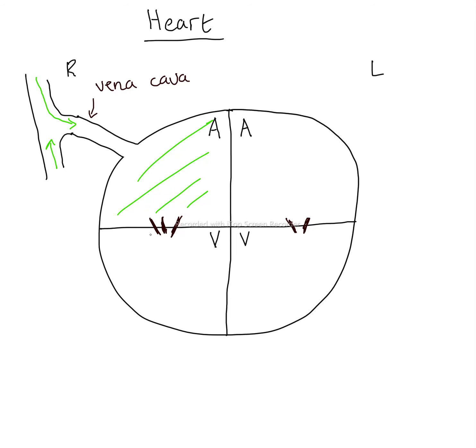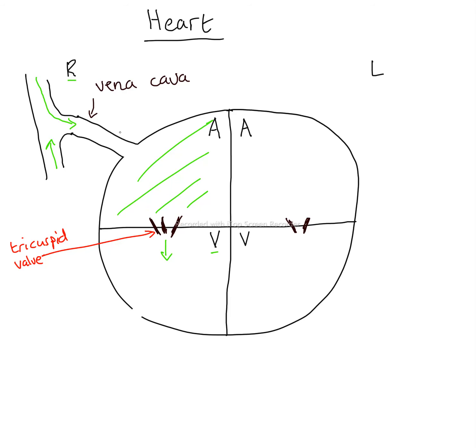So this here is the tricuspid valve. Okay, so now our green blood comes in to the right ventricle. Now it's here. Then what it does, it escapes out of here.